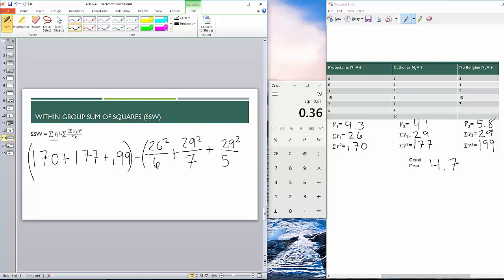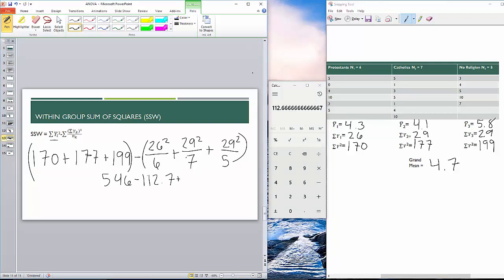So I'm going to go ahead now and add up what's on the left side first. So 170 plus 177 plus 199 gets us 546. And to calculate what's going on over to the right, we're going to first square our information and divide it by the sample size of 6 to get 112.7.